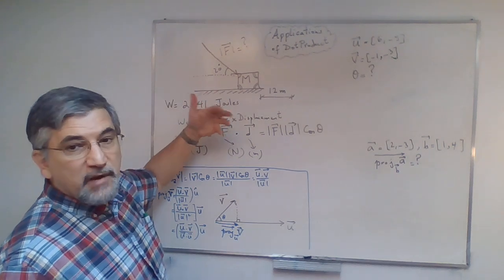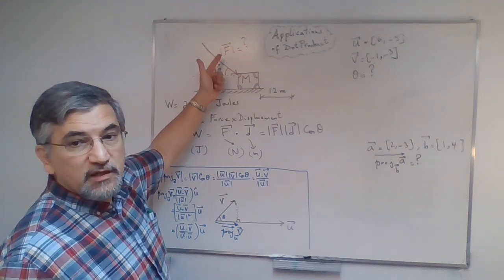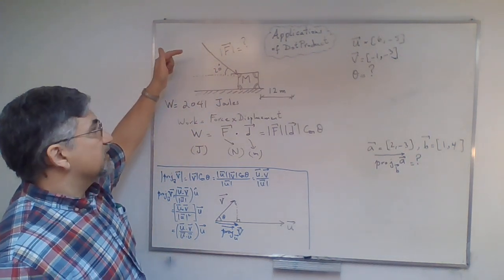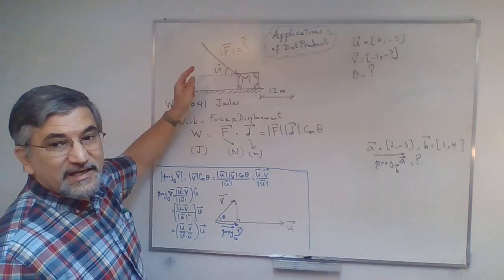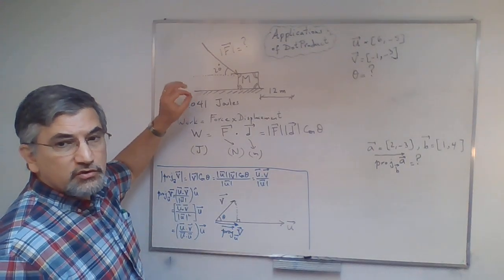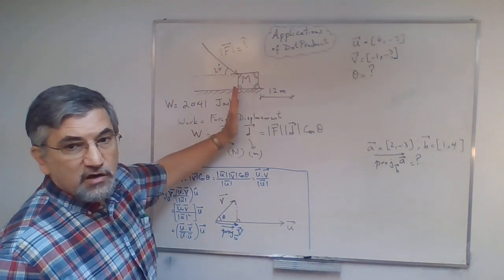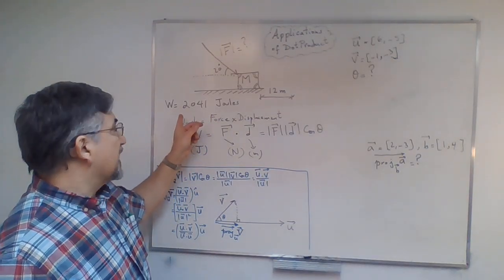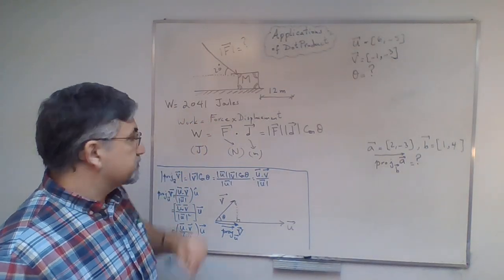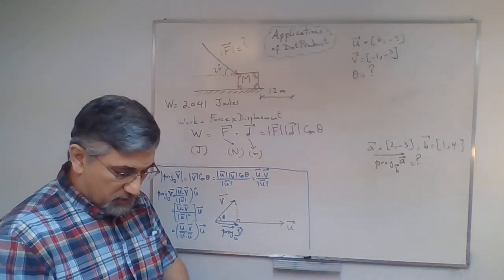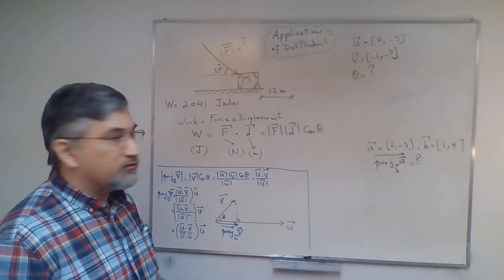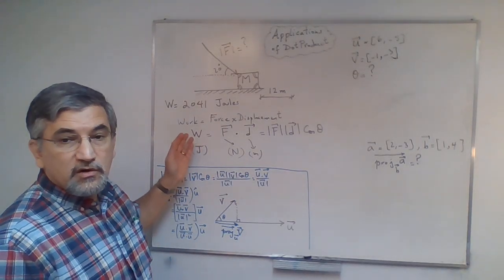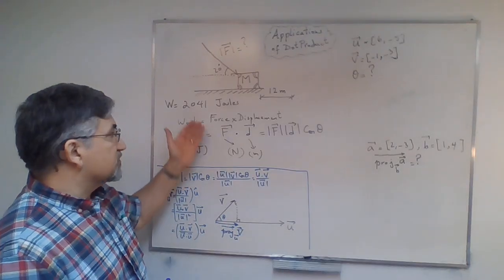We want to work backwards and find out what the initial amount of force applied on this box was, at an angle of 20 degrees with the horizontal, such that the box moved 12 meters forward and did work equivalent to 2041 joules. So we have to use the dot product formula, or the definition of work from physics, which is force times displacement.